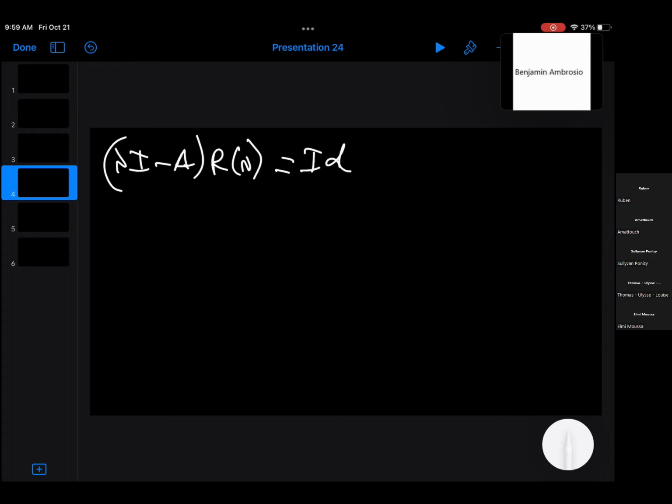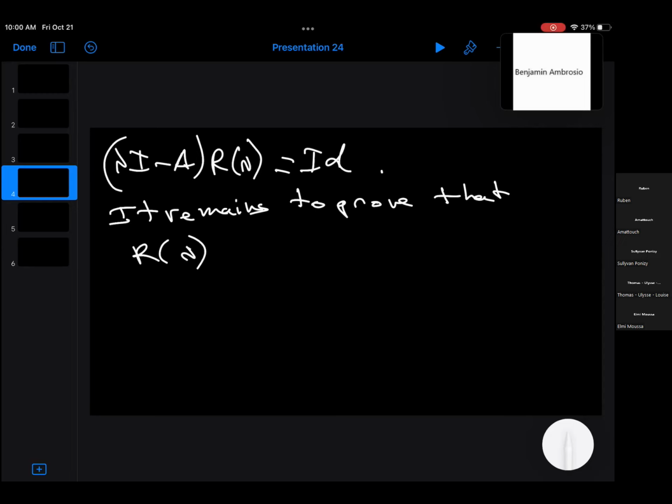It remains to prove that also we have R lambda times lambda I minus A is also identity.